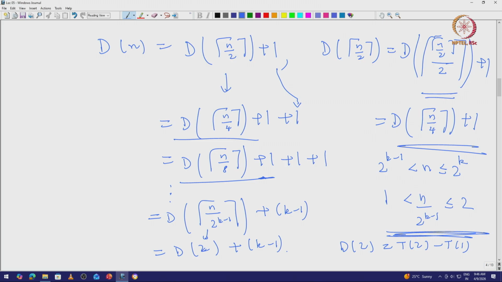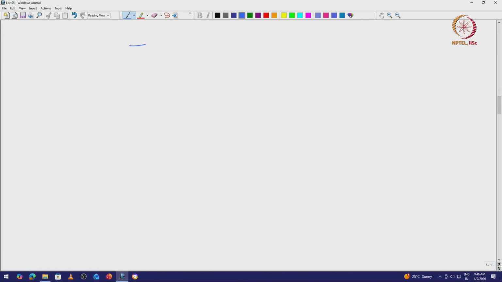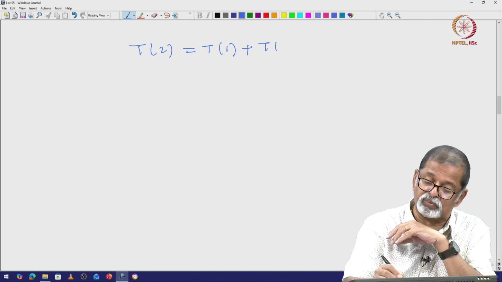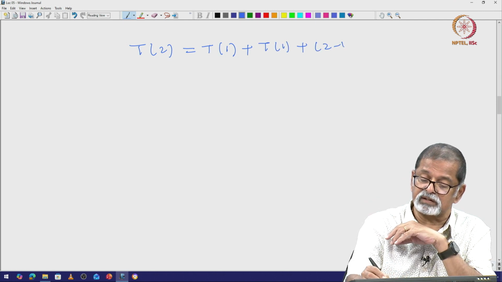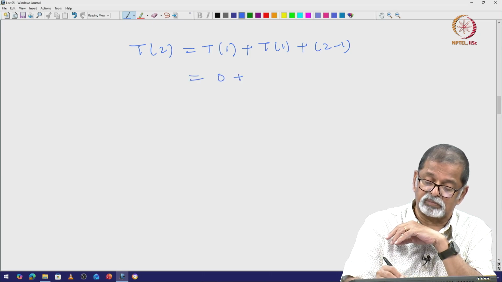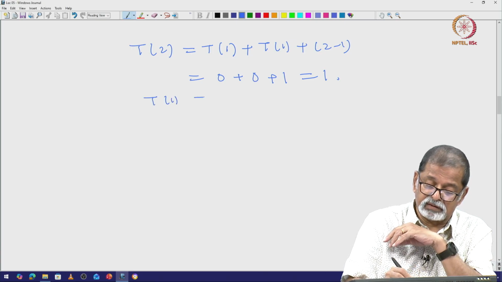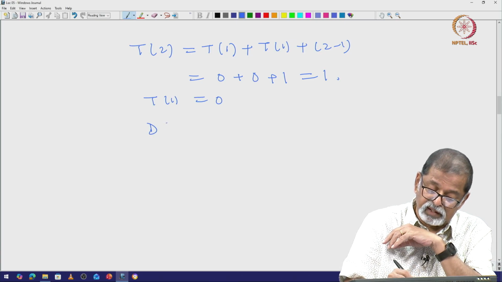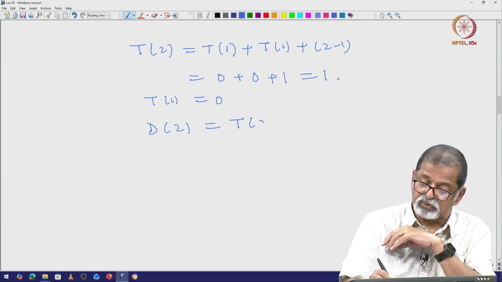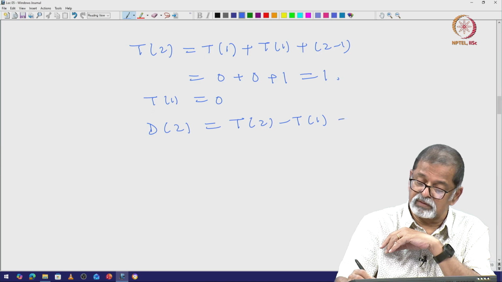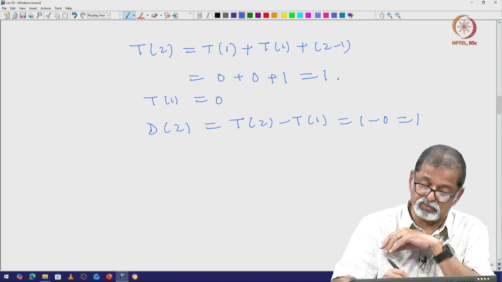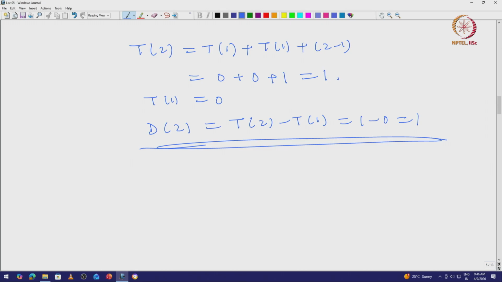So, let us see, t of 2 equal to t of 2 by 2 floor, which is 1, t of 2 by 2 ceil, which is again 1, plus 2 minus 1, that is equal to 0 plus 0 plus 1, which is 1. T of 1 is 0. Therefore, d of 2, which is t of 2 minus t of 1, which is equal to 1 minus 0, and that is 1. So, d of 2 is 1.